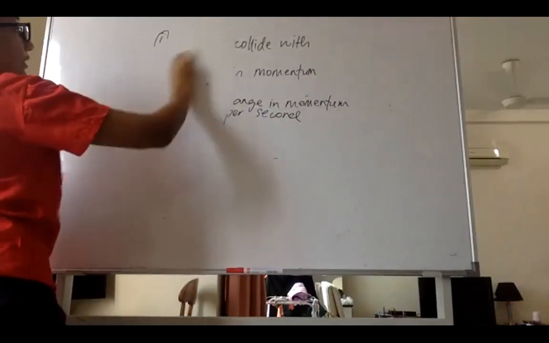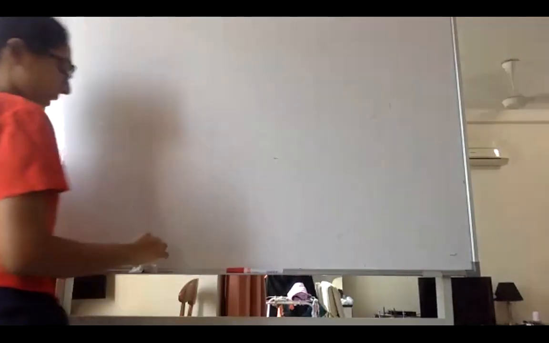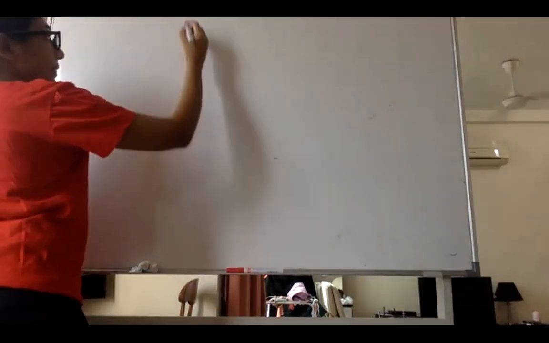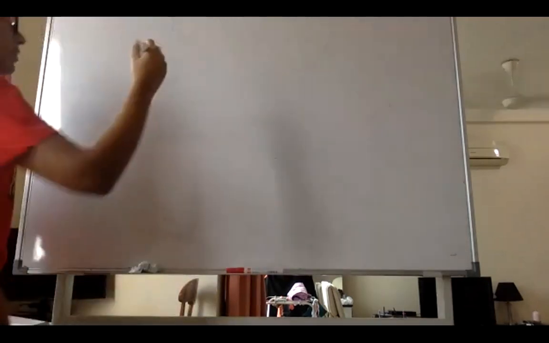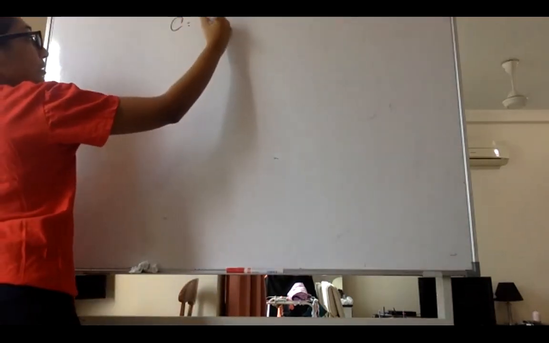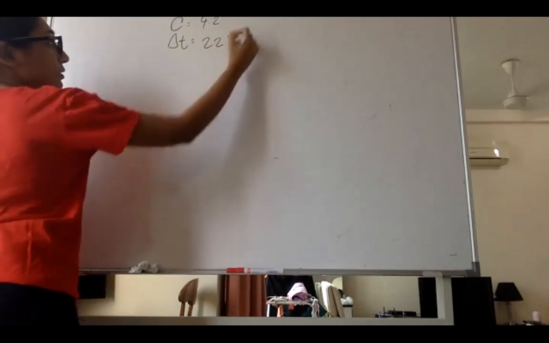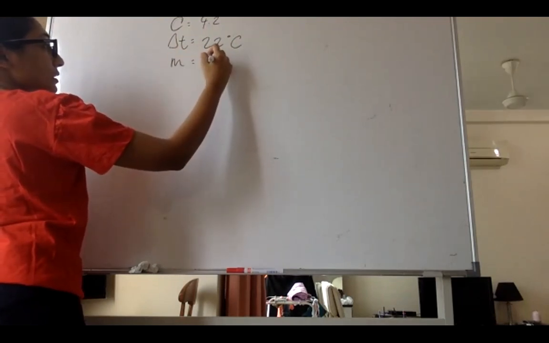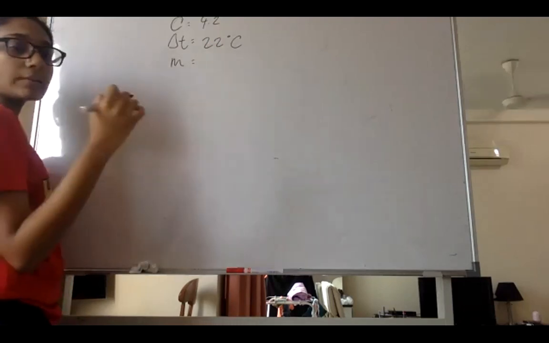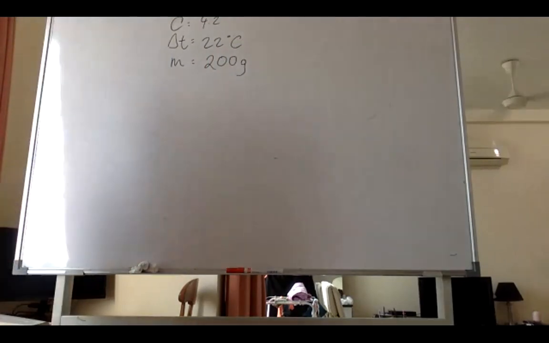When we have specific heat capacity and I want to calculate the loss in thermal energy, I have my specific heat capacity as 4.2, my change in temperature is 22, and my mass was 200 grams of water.